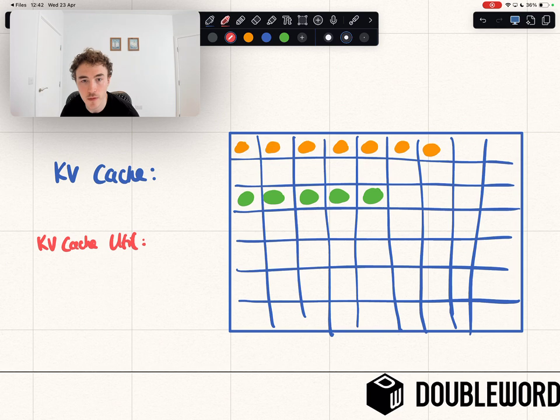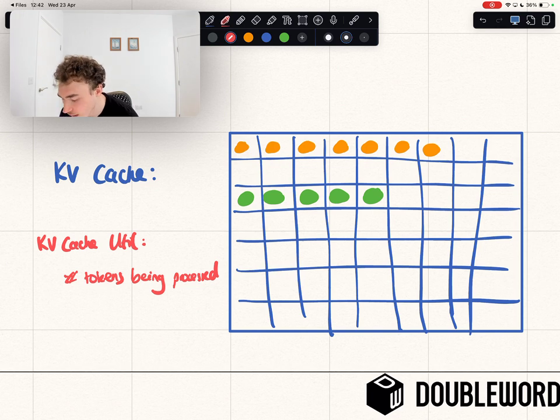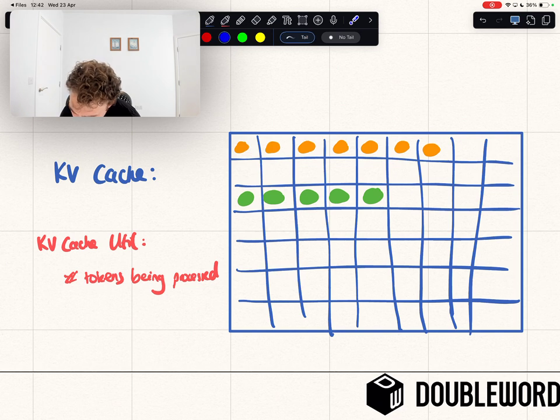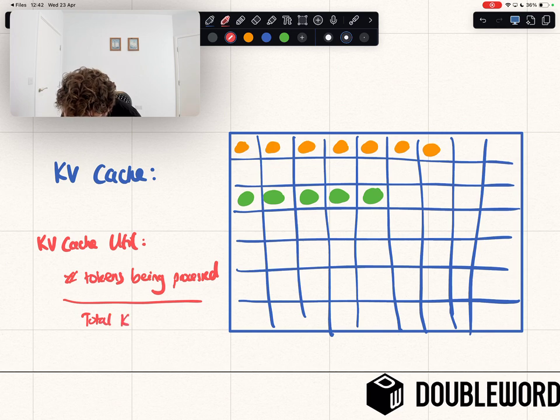as the following formula. It's the number of tokens being processed. So in this case, we have 7 tokens being processed here and 5 here for a total of 12, divided by the total KV cache tokens.